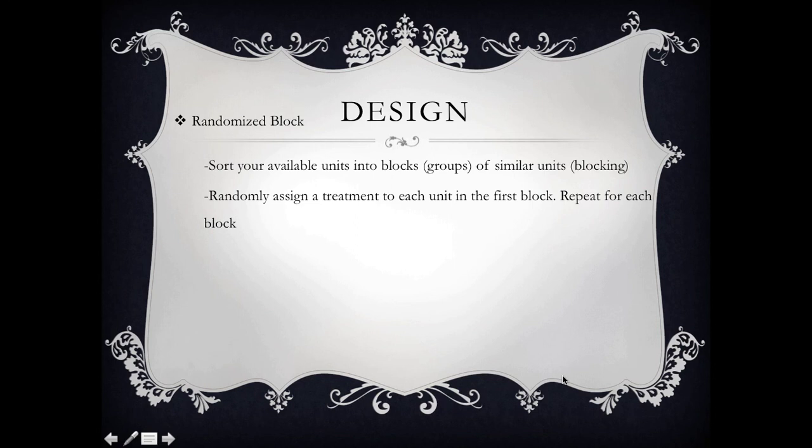If you are studying more than 2 different things, so you need more than a control group and a treatment group, you have multiple treatment groups, but you still want this matched pairs idea, that would be a randomized block. Instead of just having 2 similar units, you would group them into similar units called blocks of however many you need to get through all of your treatments.